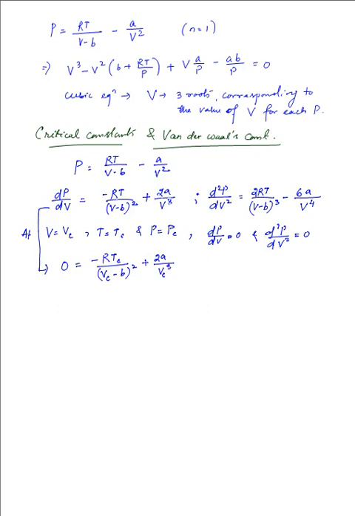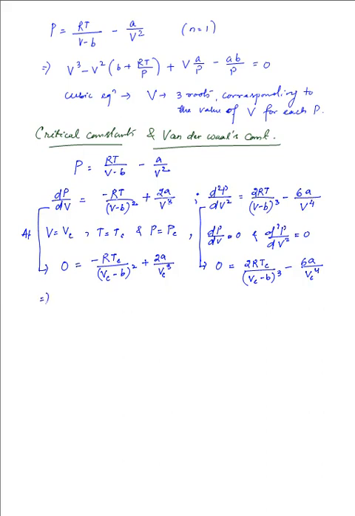Now as for this equation, what we get is 0 again, and over here we have 2RTc over (Vc minus b) whole cube, minus 6 times a over Vc to the power 4. Because there's a negative sign, we can put them on one side and keep the other one at its own place, keeping the terms positive.